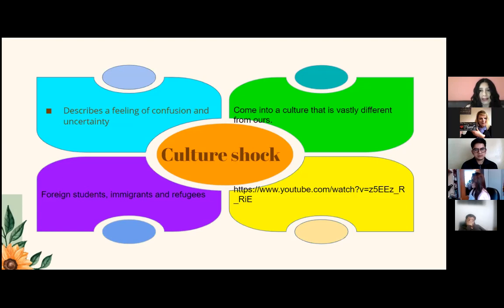Studies suggest that both language shock and culture shock are important for second language learners because they may affect the acquisition. This situation mostly affects foreign students, immigrants, and refugees.